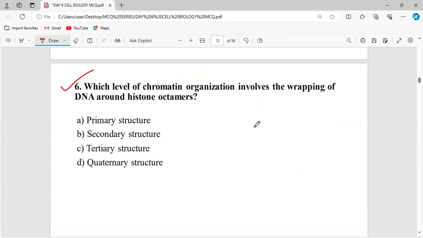Which level of chromatin organization involves the wrapping of DNA around the histone octamers?